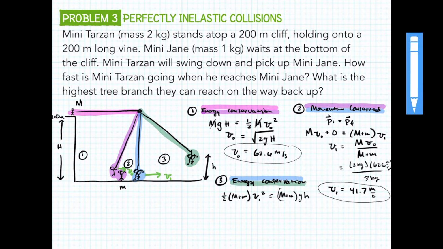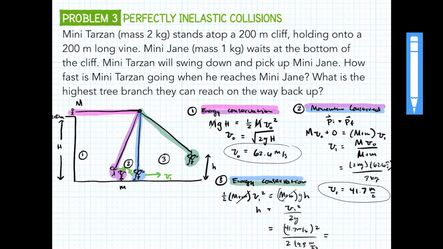All right, and here we're trying to solve for h. Once again, the masses cancel because we're not losing any mass in between these two things. There's mass on both sides. So h is going to end up being v1 squared over 2g. So that's going to be 41.7 meters per second squared over 2 times 9.8 meters per second squared.